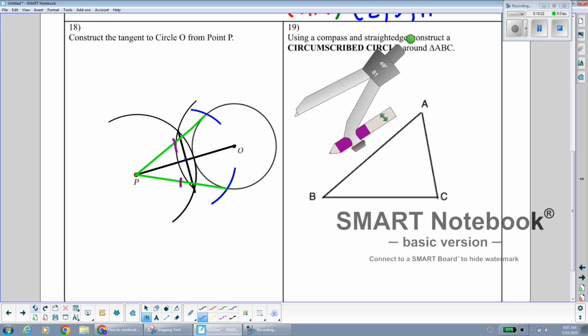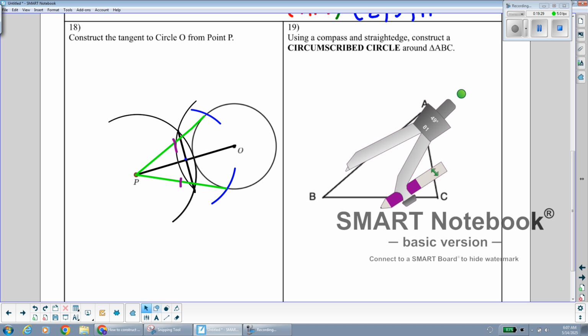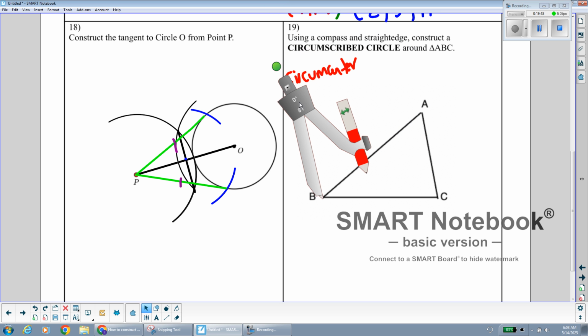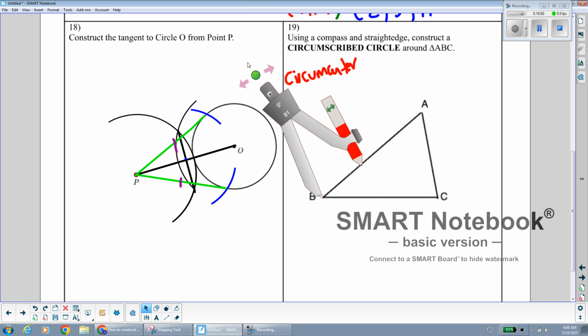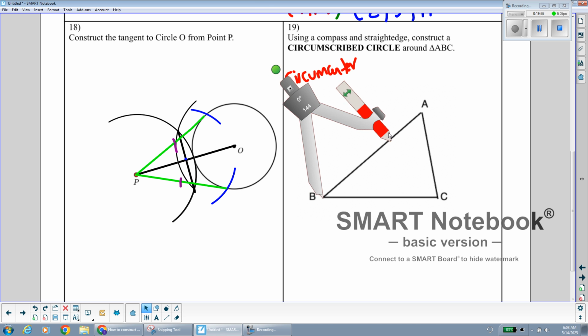Next, we're going to construct the circumscribed circle around ABC. Remember, to circumscribe a circle around a triangle, you need to construct the circumcenter, which is where the perpendicular bisectors meet. You only need two perpendicular bisectors in order to see the intersection point.